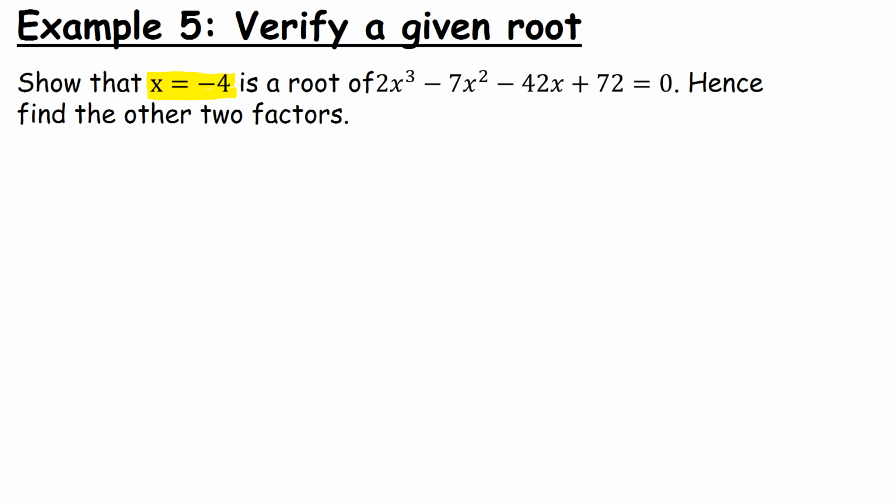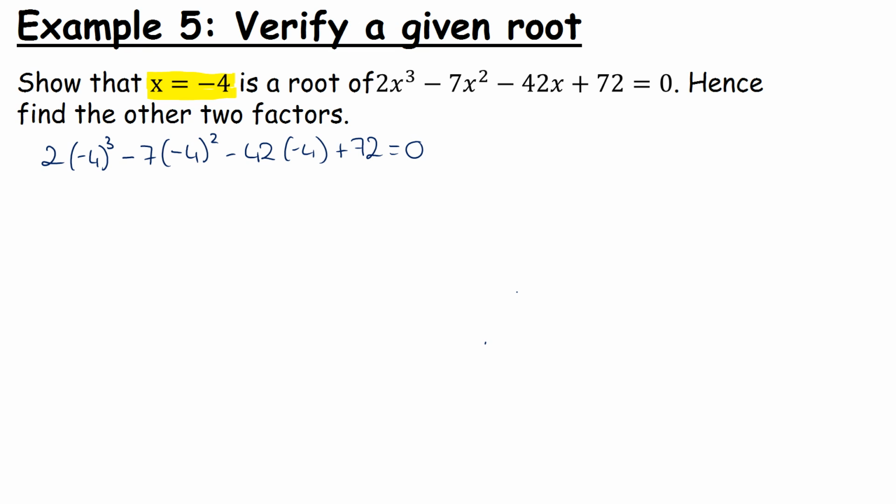So the most common way we would have had to date of doing this is using our subbing in. So it'll be 2 by minus 4 cubed minus 7 by minus 4 squared minus 42 by minus 4 plus 72 equals 0.